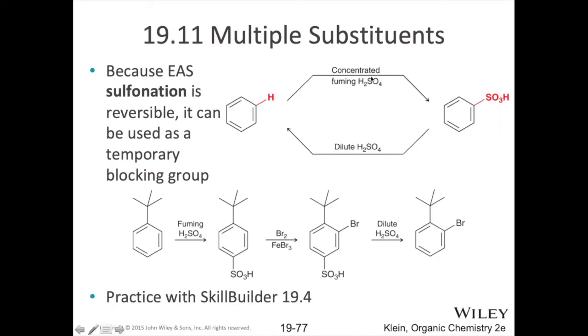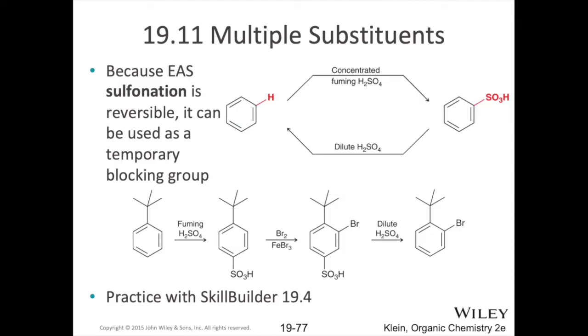We do that by using concentrated sulfuric acid with sulfur trioxide, also known as fuming sulfuric acid. I pointed out back then that it's possible to reverse this reaction using dilute sulfuric acid, so we have a lot of water present. We can actually do the reverse reaction and remove that sulfonic acid group.